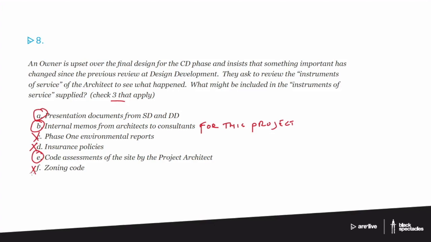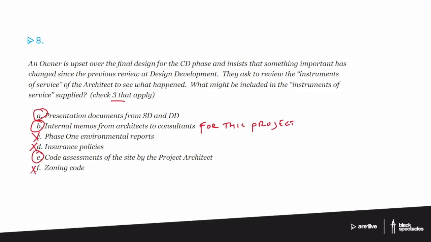So the idea here is the instruments of service, there's a sort of fine line on some of these things. Some things are work that you've done for previous projects that you're sort of pulling in, but as soon as it becomes part of this project, it's now part of the instruments of service.